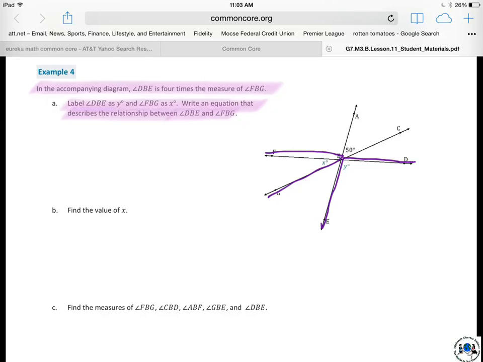What is that equation? Yes, and that equation is y equals 4x. Because we have y here, and we know that it is 4 times as big as this one, x. Therefore, y is going to equal 4 times this x. So that would be the equation.